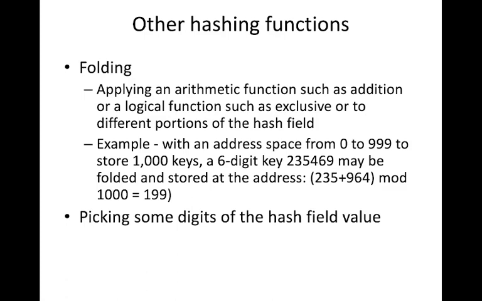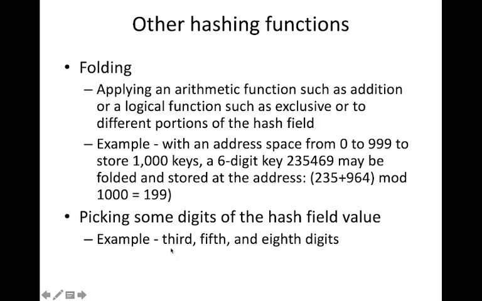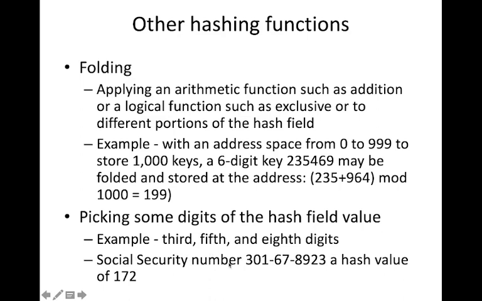Then another way to choose a hash function is picking some digits of the hash field value. For example, we take the third, fifth, and eighth digits. If we take the hash field value as a social security number, we take only the third, fifth, and eighth digits. Here the third is 1, the fifth is 7, and the eighth digit is 2.